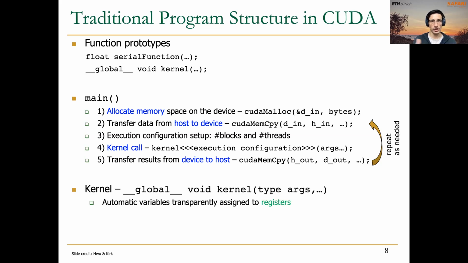As I said before, in order to distinguish the GPU function or a GPU kernel from a CPU function, we use this global qualifier. And as we will see today, inside the GPU kernel, automatic variables are transparently assigned to registers, registers in the GPU cores.